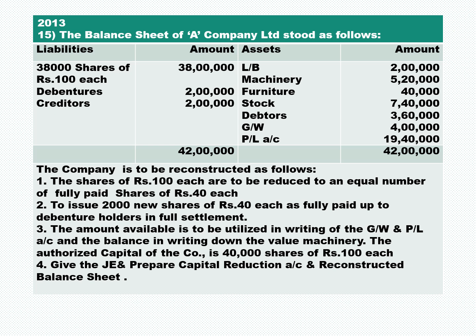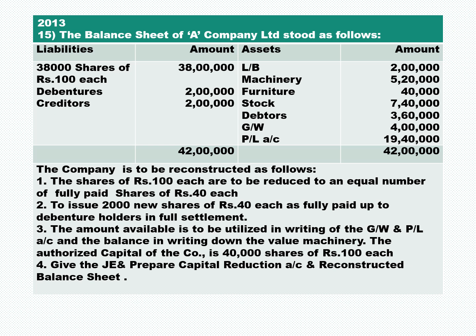The company is to be reconstructed as follows. The shares of rupees 100 each are to be reduced to an equal number of fully paid shares of rupees 40 each. To issue 2,000 new shares of rupees 40 each as fully paid up to the debenture holders as full settlement.